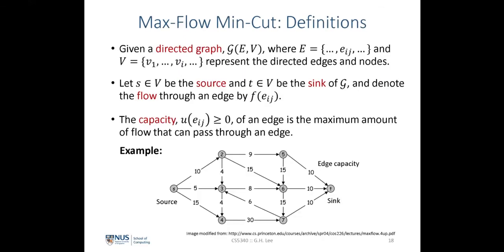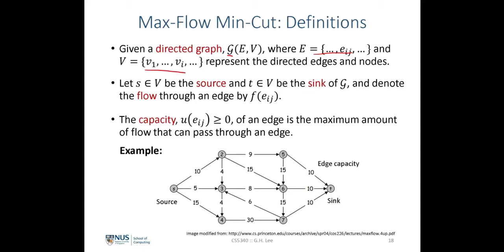More formally, we can formulate the max flow min cut problem as a graph problem, where specifically we have a directed graph denoted by G, which contains a set of edges, denoted by Eij over here. These are directed edges with arrows pointing from one node to another, and a set of nodes which we denote as V1 all the way to Vn.